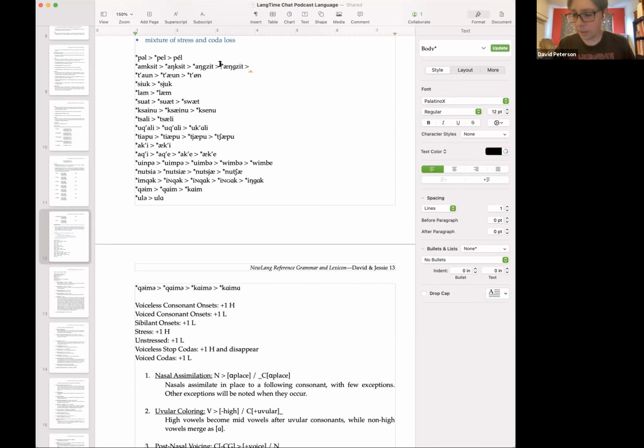Yeah, that's probably a good idea. Okay, first syllable, we have no onset, so nothing happens there. What's next? We have a voiced coda, so it gets +1 low and it's unstressed, so it is definitely a low.